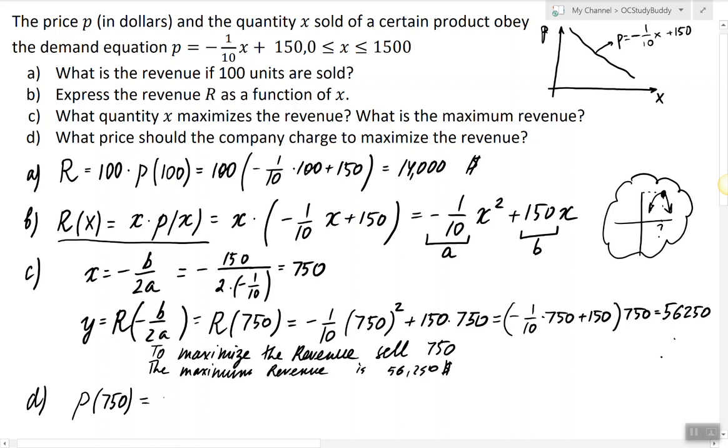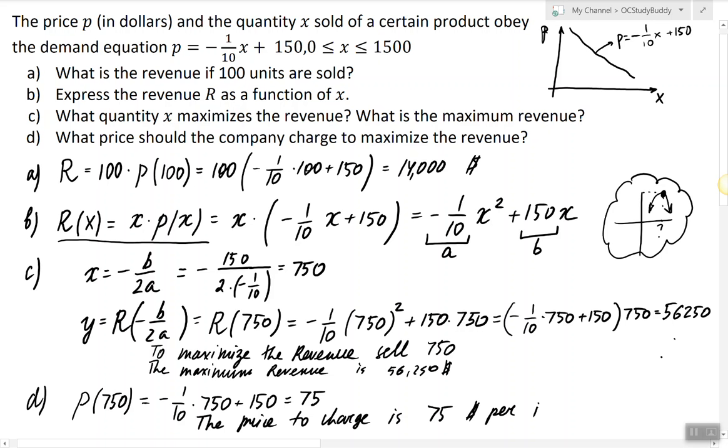The value of p at 750 is negative 1/10 times 750 plus 150, which is 75. So the price to charge is $75 per item. This is how we use the properties of a quadratic function to solve an applied math problem.